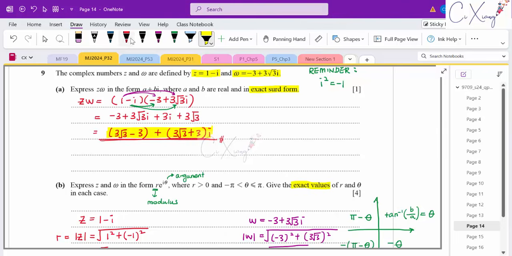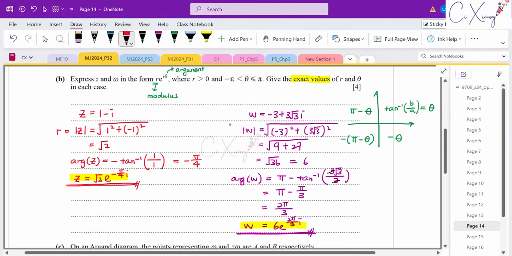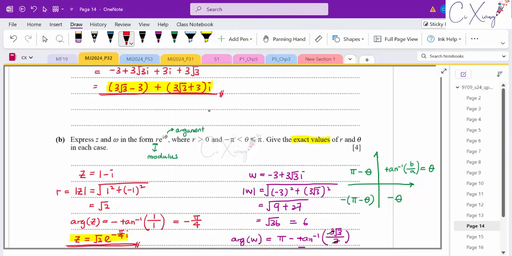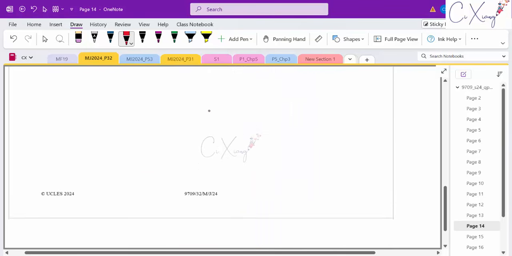Okay, so when I want to sketch the point here, because all this surd form didn't show out clearly what is the value in decimal form, I need to use calculator to find out the decimal form first, then only can sketch it. All right. Okay, so let's have a look here.